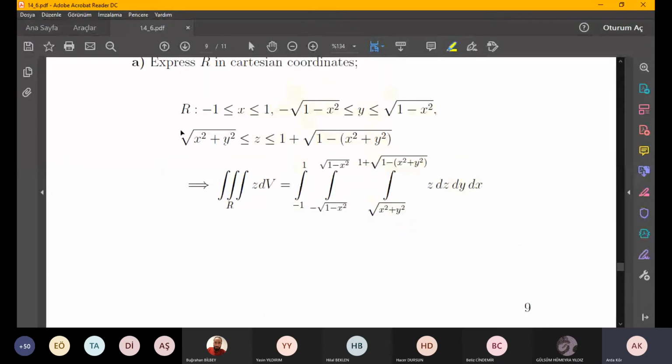When it comes to z, you can write it from the Cartesian coordinates here.